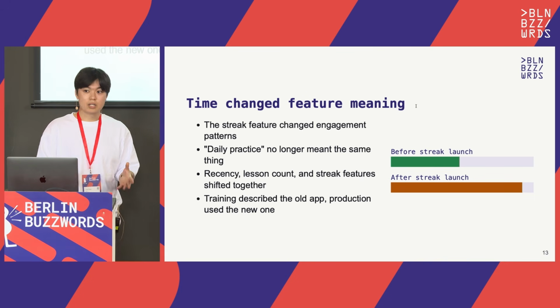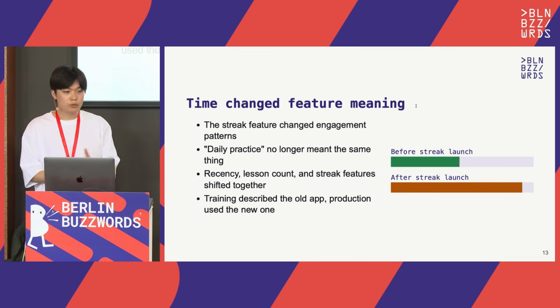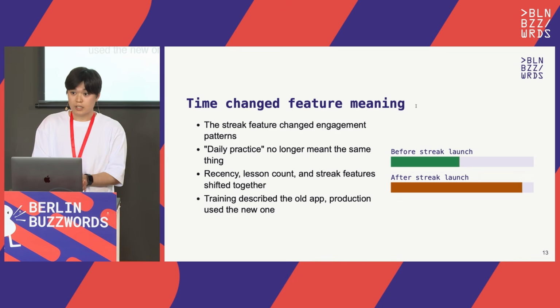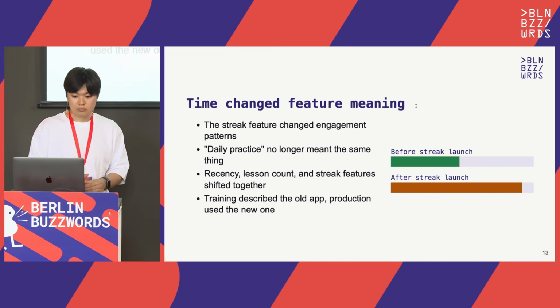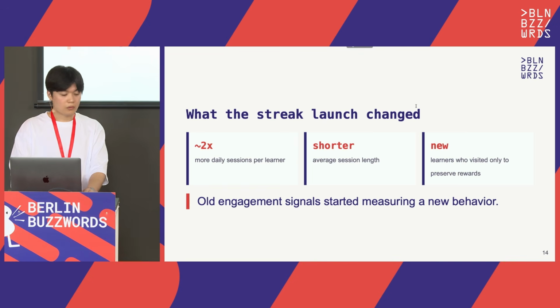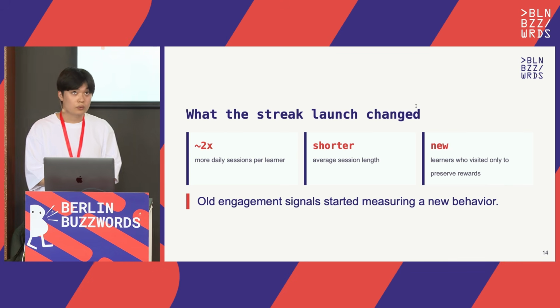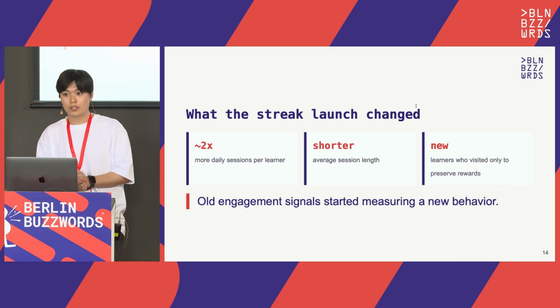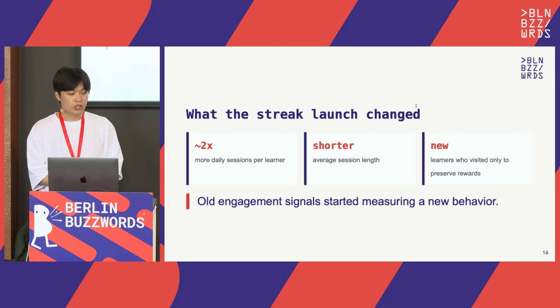So the model trained on the previous data was outdated. The patterns it learned were not working anymore. This is an example of how some of the main features the model relies on changed.